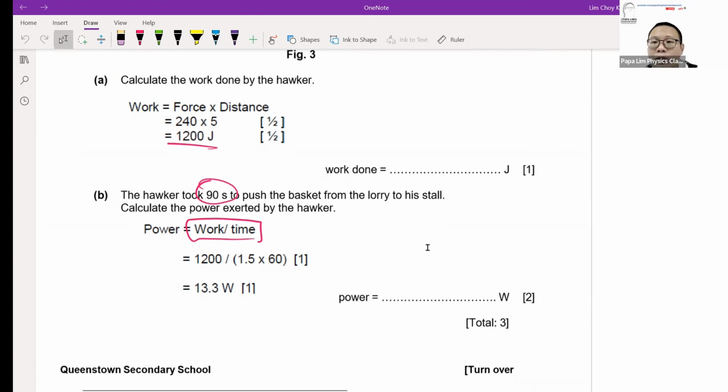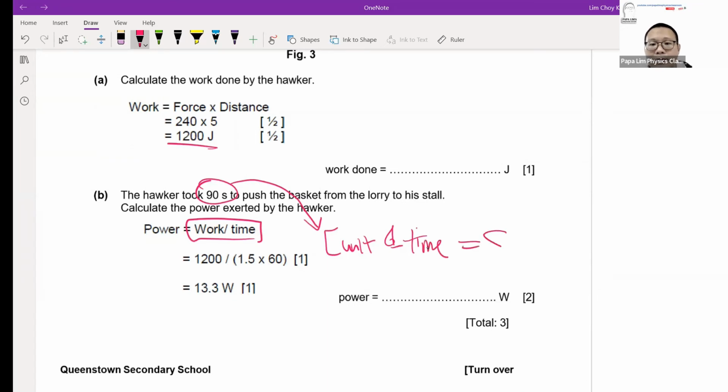Now, one of the common tricks that we like to use is to make sure the time is not in minutes or hours. So have a habit, whenever I give you time, to make sure that the unit of time is in seconds. That is the most important thing. So if it's 5 minutes or 2 minutes or 1 minute, make sure you convert it to seconds before you substitute into the equation. Because whether it's 5 minutes or 300 seconds, it makes a big difference in the calculations.